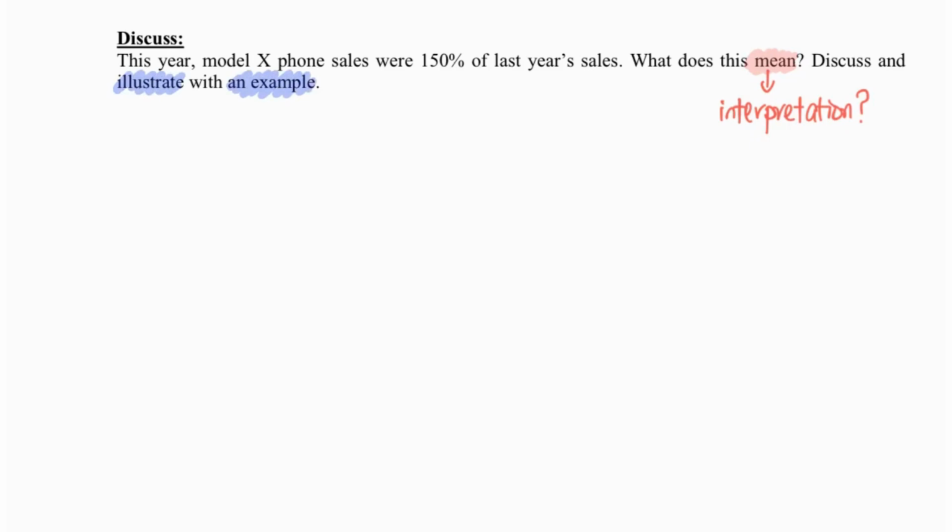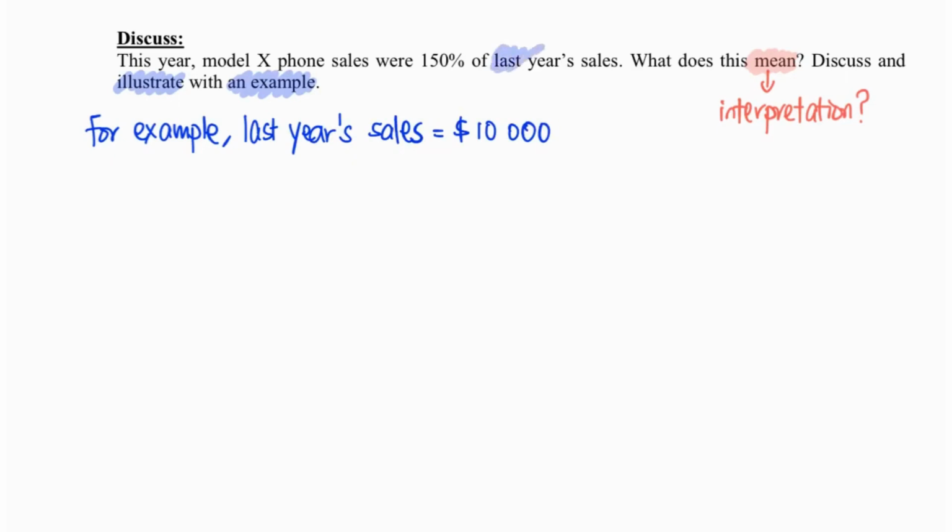So the best is of course to give an example. So for example, last year's sales equals $10,000. So this will be my last year's sales.